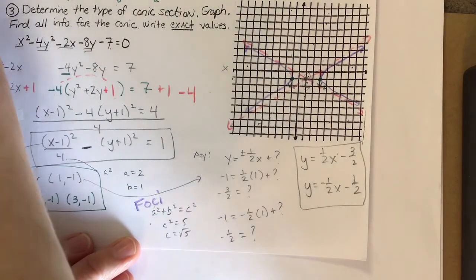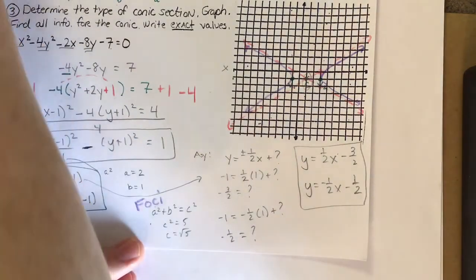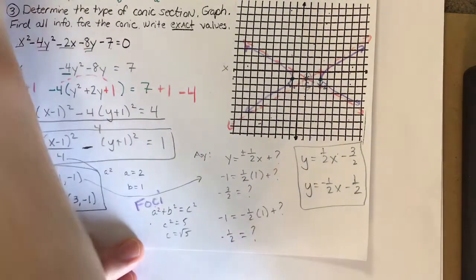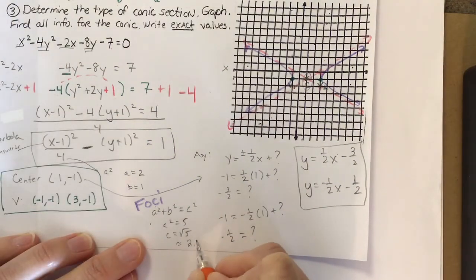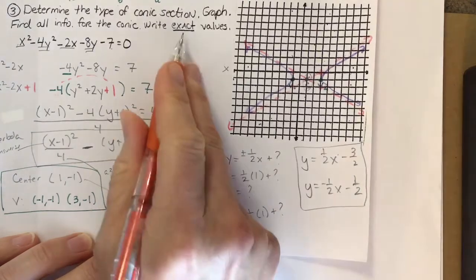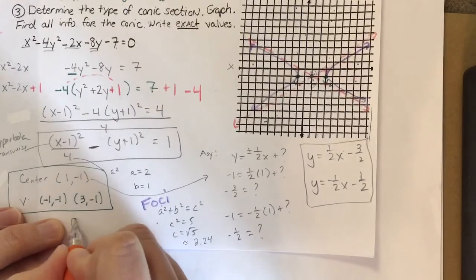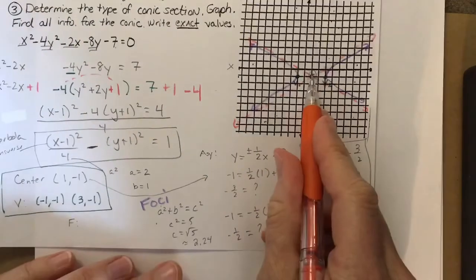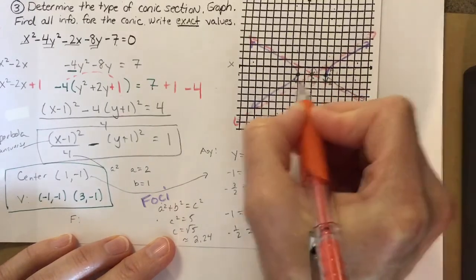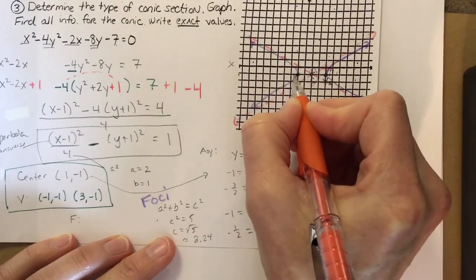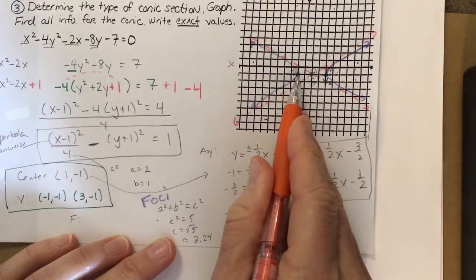Which is about what again? 2.24. Now I know this is exact. Okay, well, we'll write the foci exact. What are they exact? Well, from the center I go 1, 2.24. First focus, and then 1, 2. Second focus. All right, pretty close to the vertices.